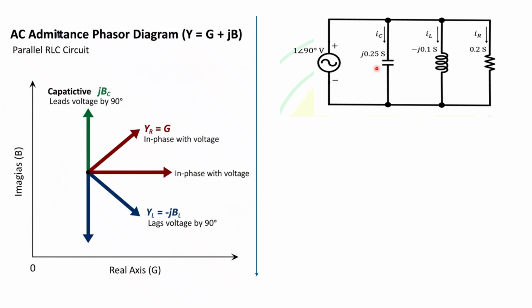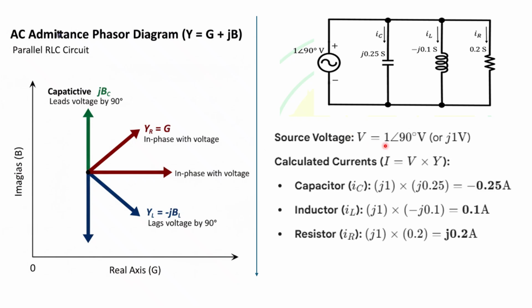Here the admittance is given, and admittance is something like 1 by R. For the capacitor it is leading, that is on the y-axis. For the inductor, the admittance is given as minus j, so it will be on the minus y axis, and for R it is a pure real number, so it will lie purely on the x-axis, right?